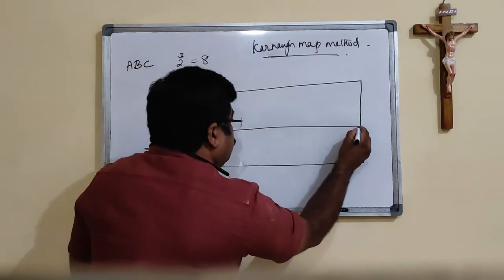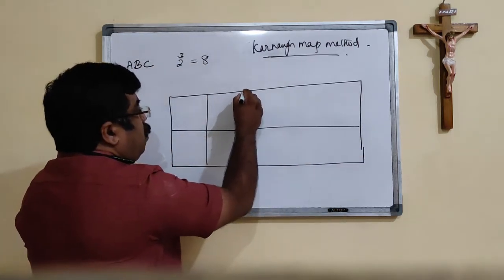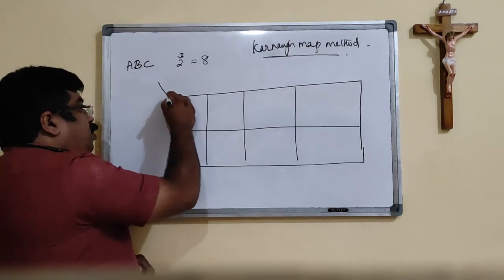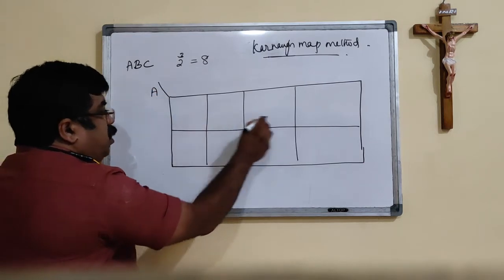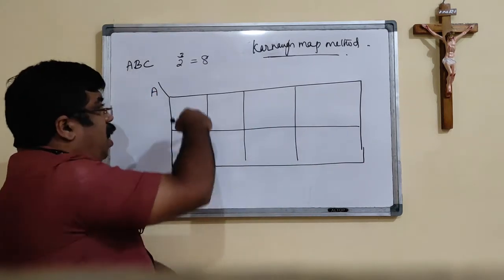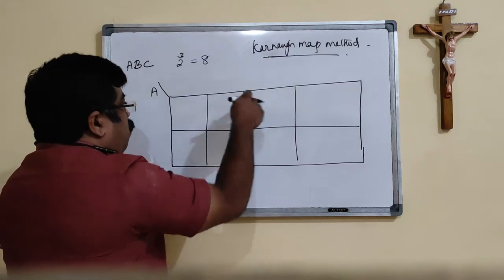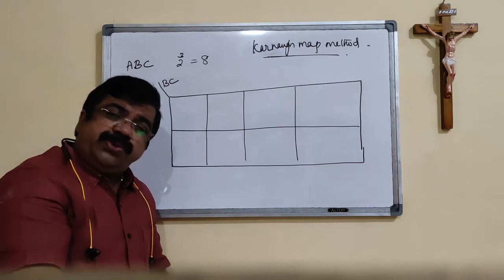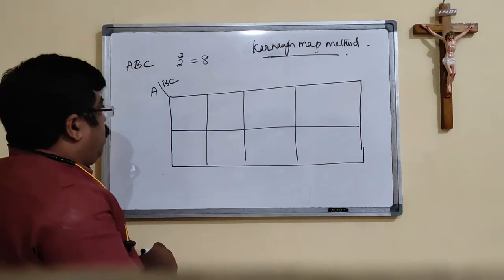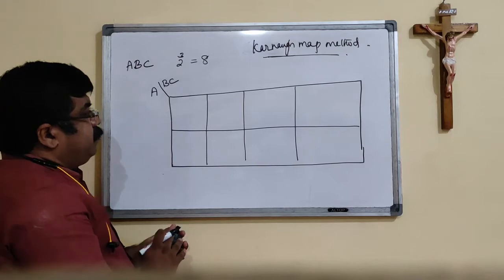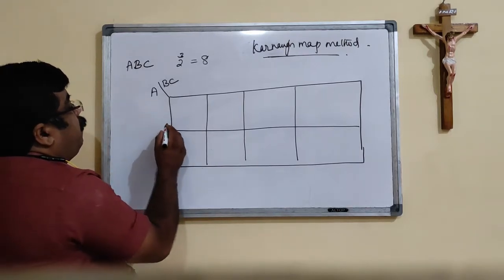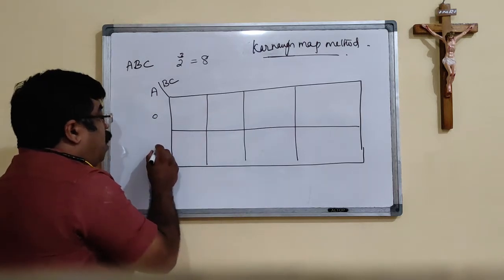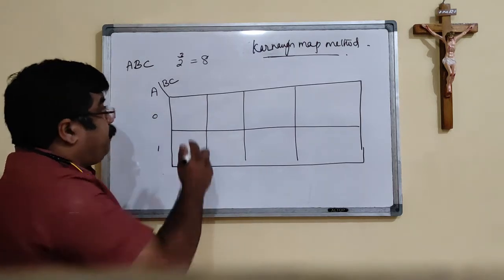Two rows and 4 columns. Then we will put the first variable A for the row coordinates, and B and C for the column coordinates. This side we will take B and C. Now you see, we are putting A with 0 in row number 0 and 1 in row number 1.